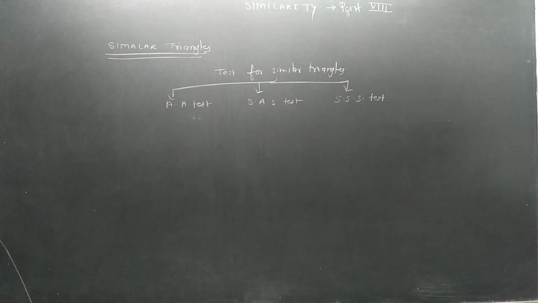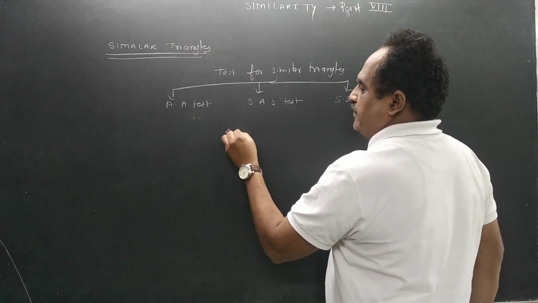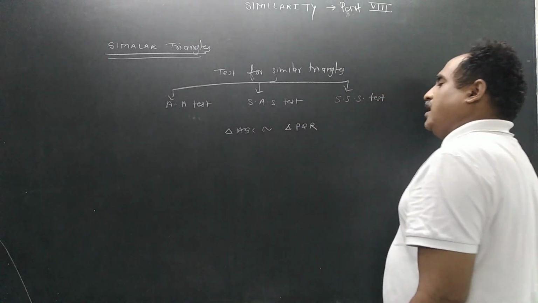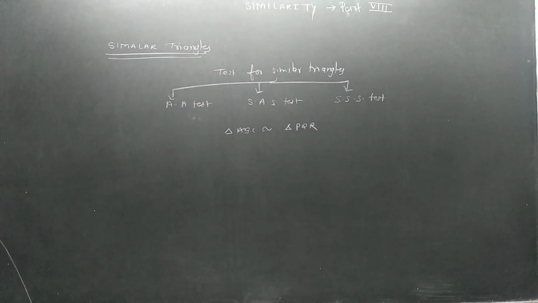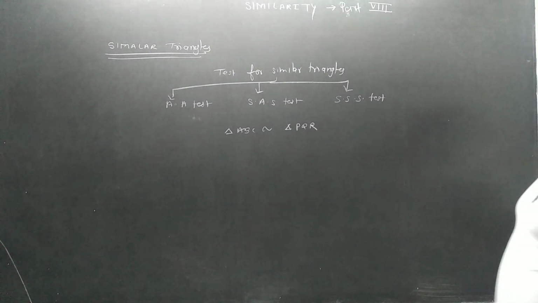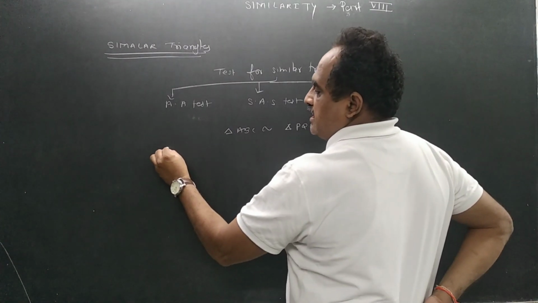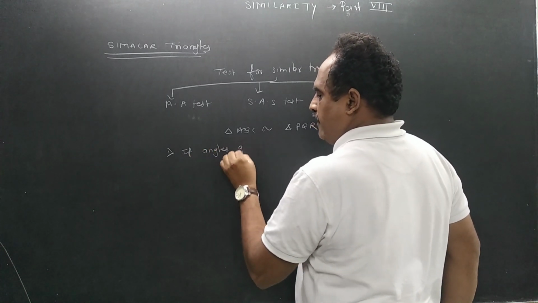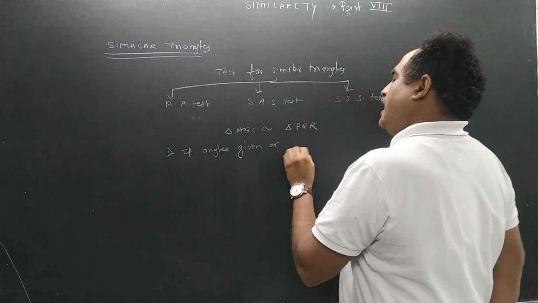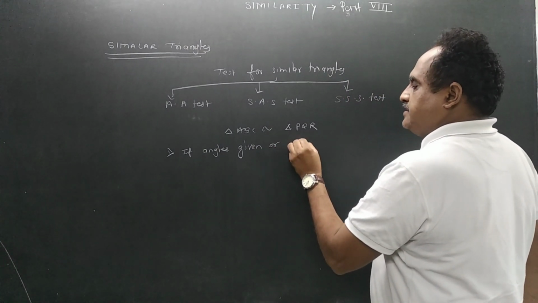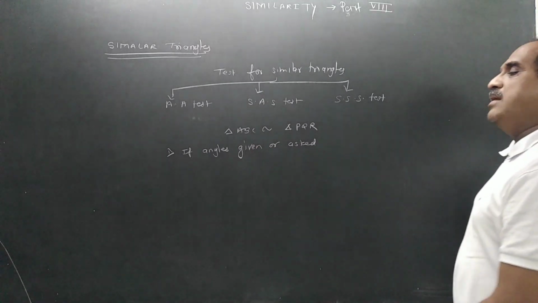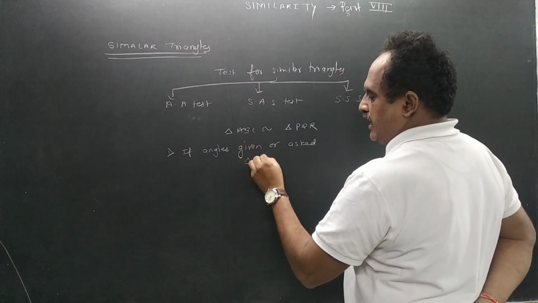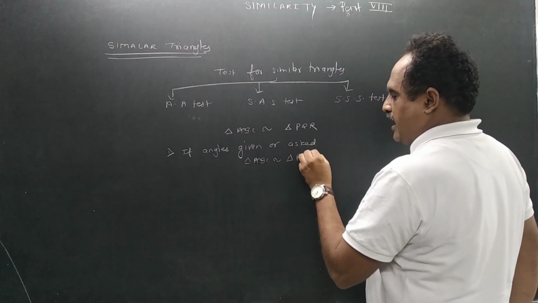Now, say triangle ABC is similar to triangle PQR. If this is given, 3 types of questions are possible. First, if angles are given or asked, meaning some angles they will give and some they will ask, then we write: triangle ABC is similar to triangle PQR.